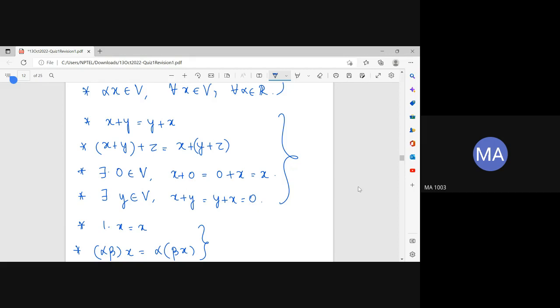For example, to show commutativity is satisfied, you have to pick general x and y and show that x plus y is equal to y plus x. If you want to say it is not satisfied, you just pick some random numbers and show that for them it is not satisfied.